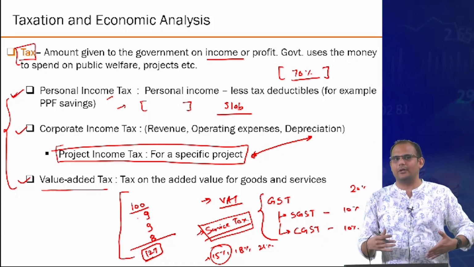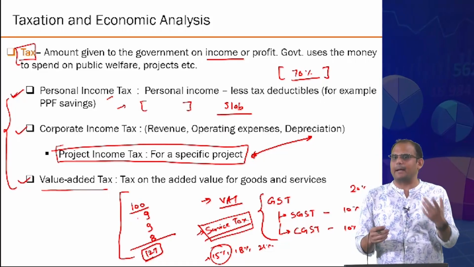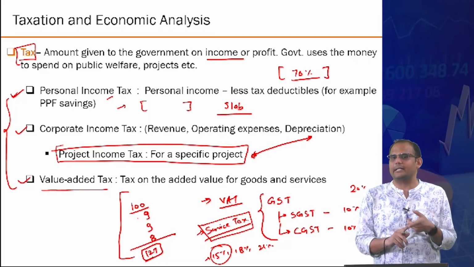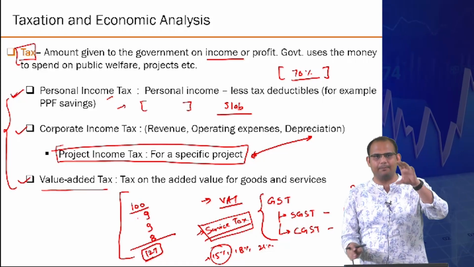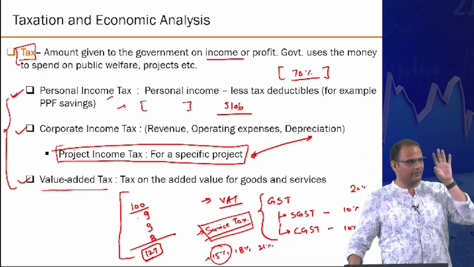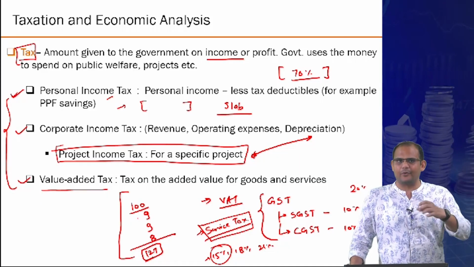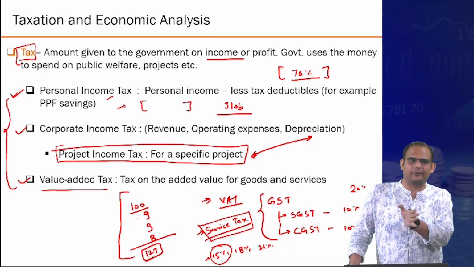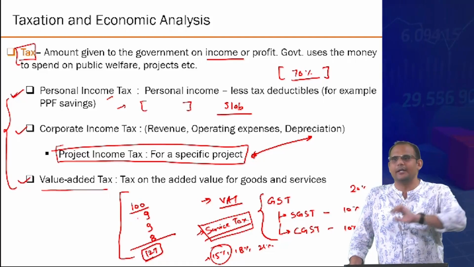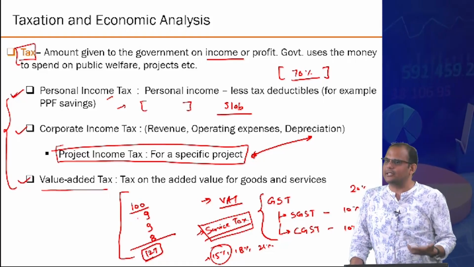The other side of it is where they don't charge anything on personal income tax, but only charge on the goods that you consume. For example, Dubai. There is no personal income tax in Dubai. If they promise you 7,000 dinars, you will get 7,000 dinars in your pocket. But as you consume, if you consume 1 unit of Coca-Cola versus 2 units of Coca-Cola, you pay tax for the more consumption that you are having.